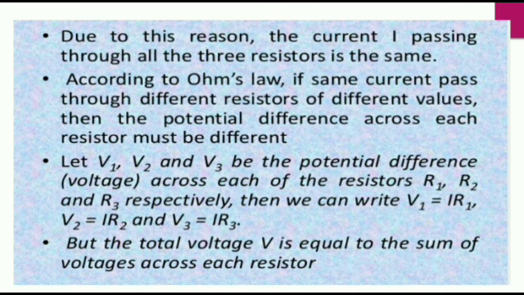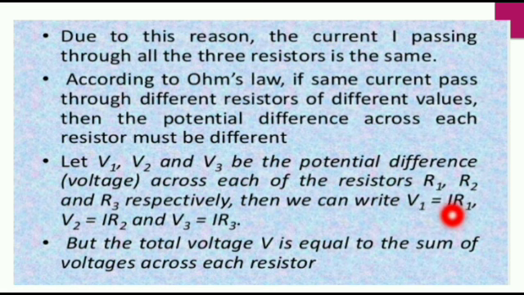So using Ohm's law, we have to find V1, V2, V3, that means the potential difference across each resistor R1, R2, R3 respectively. Ohm's law is V is equal to IR. Therefore, V1 is equal to I into R1.